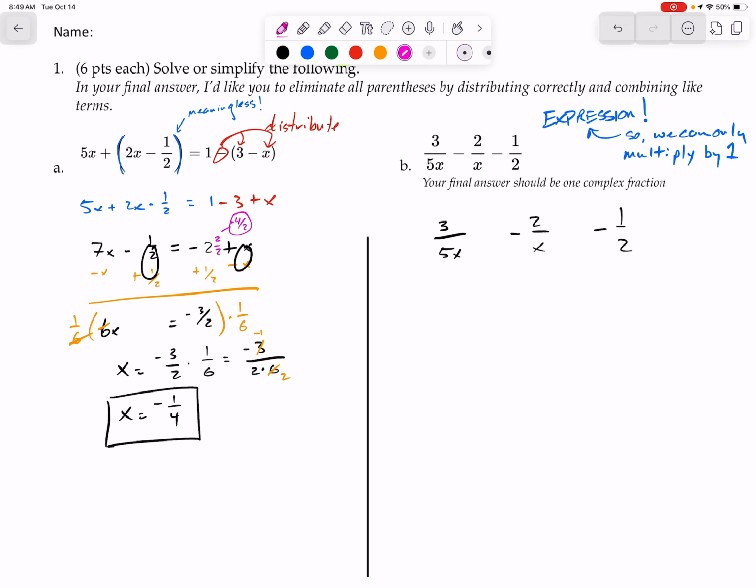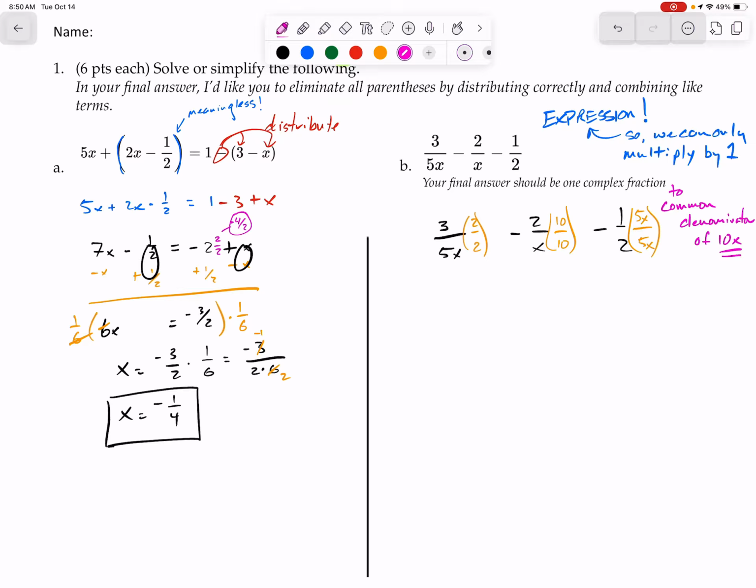I think I want a common denominator of 10x. So what I'm going to do is multiply this one by 2 over 2, this one by 10 over 10, and this one by 5x over 5x.